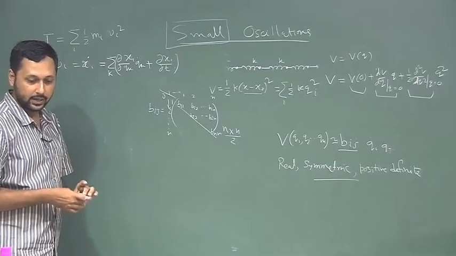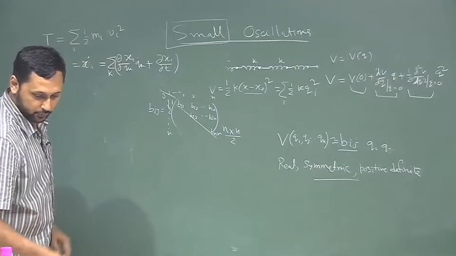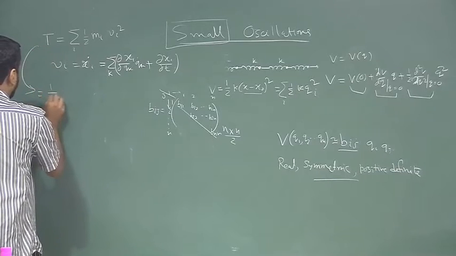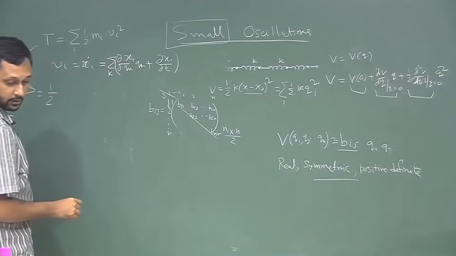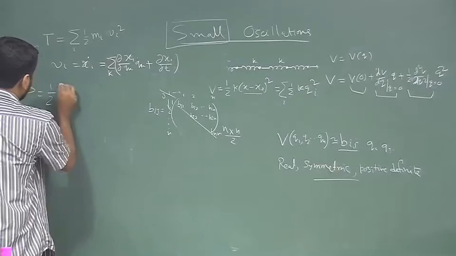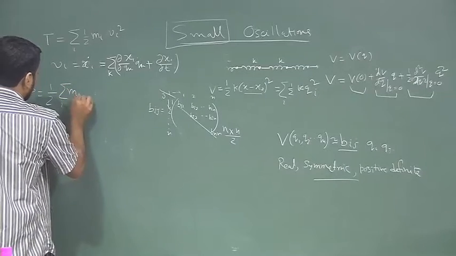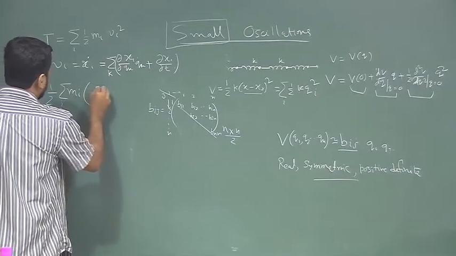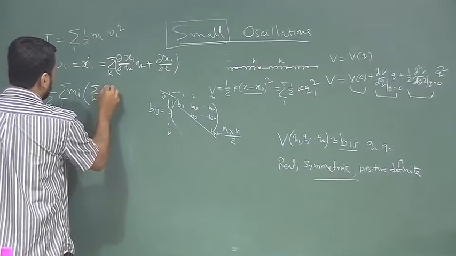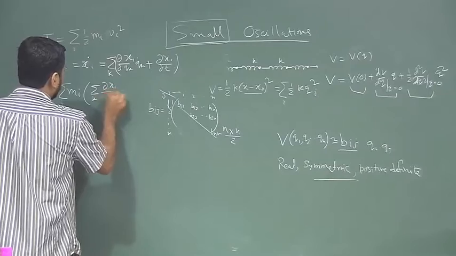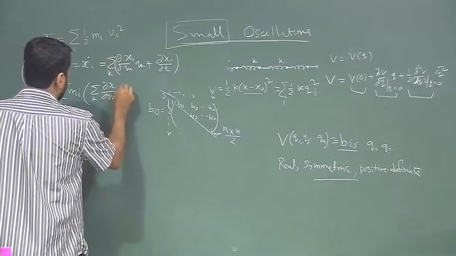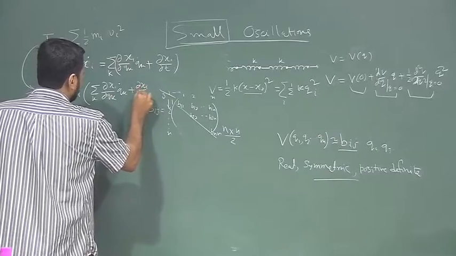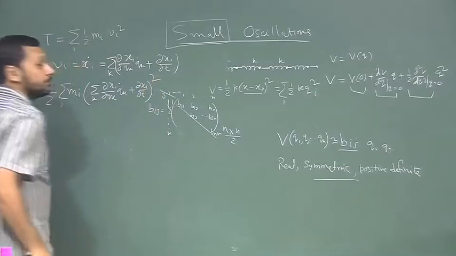So, in order to do that, what we have to do is write this as half sum over i of m_i times sum over k of del x_i del q_k q_k dot plus del x_i del t, whole square.